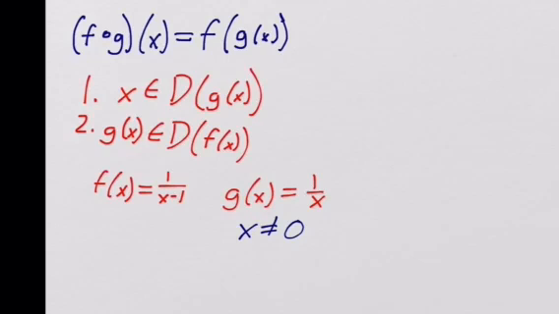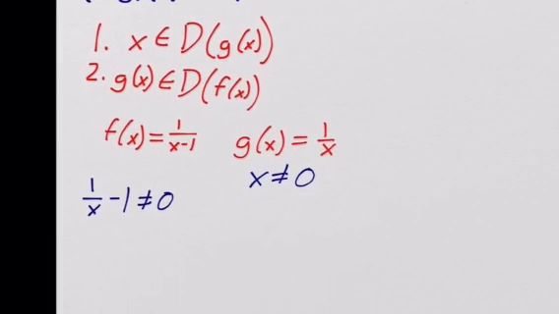But now we know that 1 over x minus 1 cannot equal 0. So the first thing I'm going to do with this is go ahead and multiply both sides by x. So we end up getting 1 minus x does not equal 0. Remember, when I multiply a side by x, I have to multiply everything on that side by x.